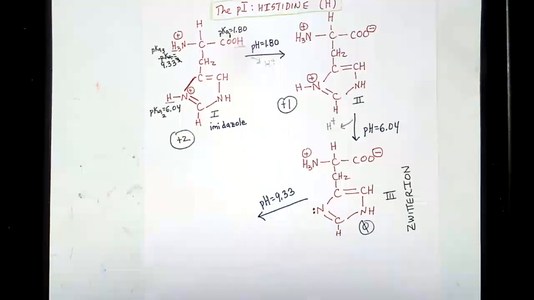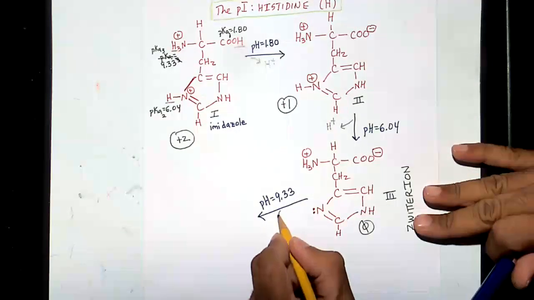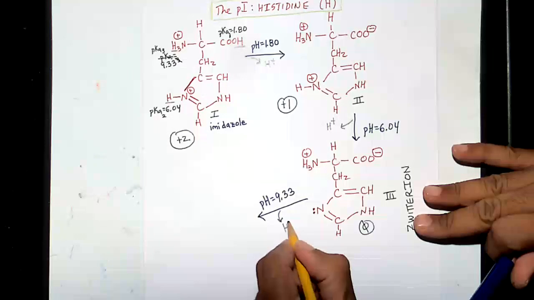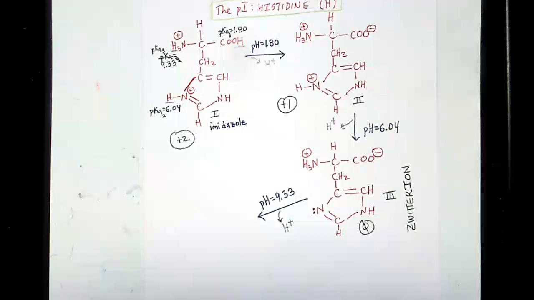Okay, and what begins to come off at pH 9.33? One of the protons will come off. Which one is that? The primary amino group. That proton comes off.